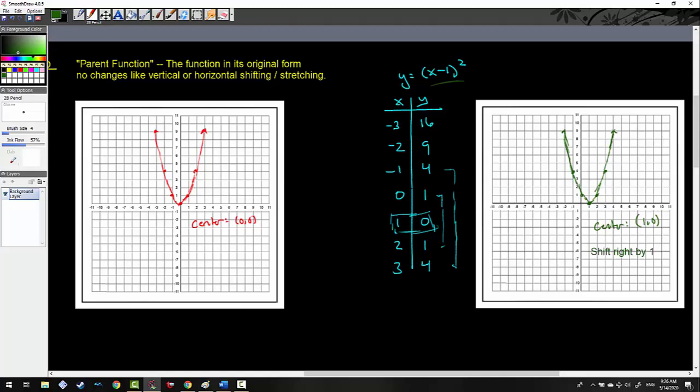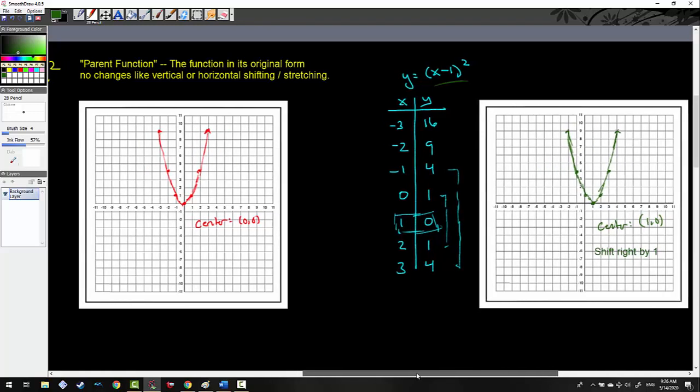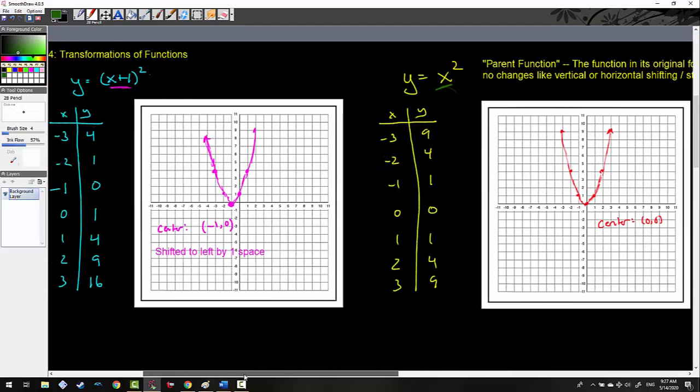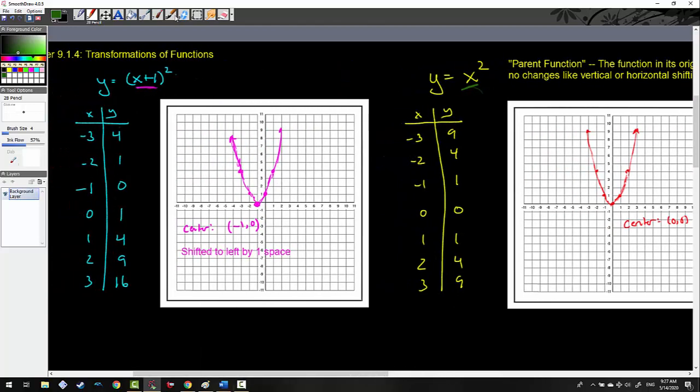So let me see if I can generalize our horizontal shifts for us. When nothing is happening on the inside of the function, in other words, nothing is happening before the squared, we're centered at 0. We throw down a plus number, in this case 1, on the inside of the function, before the squared.